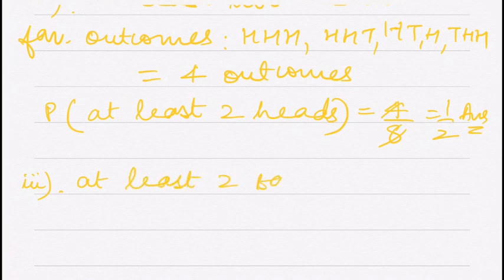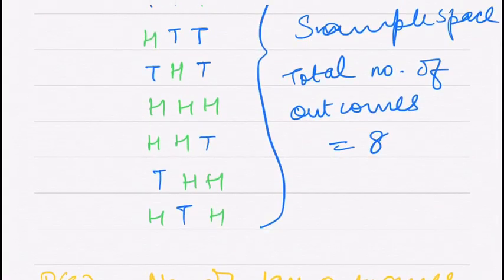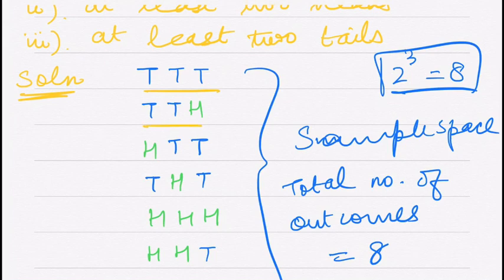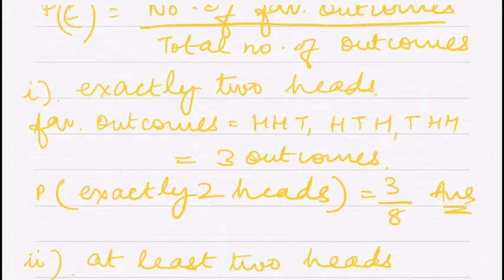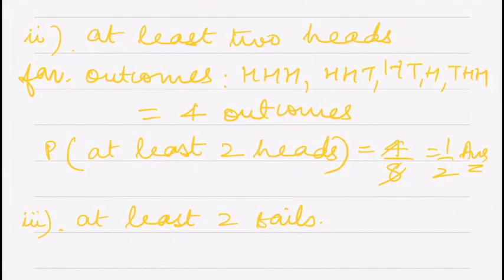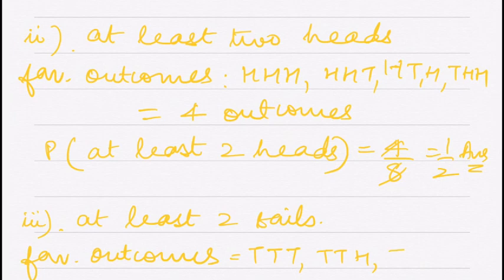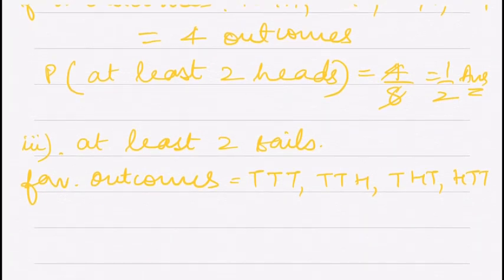The third part says at least 2 tails. It can have more than 2 tails, so I'll have TTT and the others, 4 outcomes, same as for at least 2 heads. The favorable outcomes will be TTT, TTH, THT, and HTT.